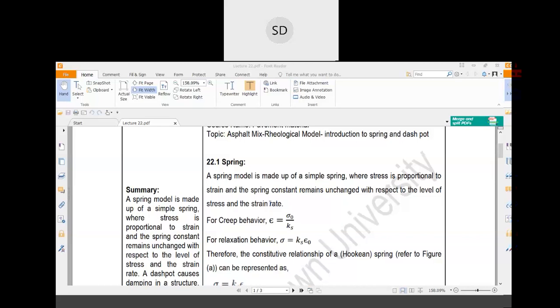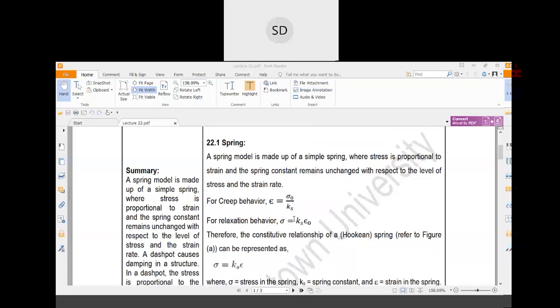Now for the creep behavior, when stress is constant, as in our previous case, our strain would be sigma 0 divided by Ks, where Ks is the spring constant. So for the creep behavior, when stress is constant, our strain would be stress divided by spring constant.